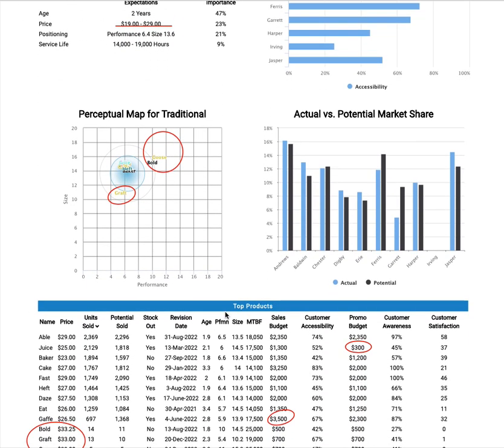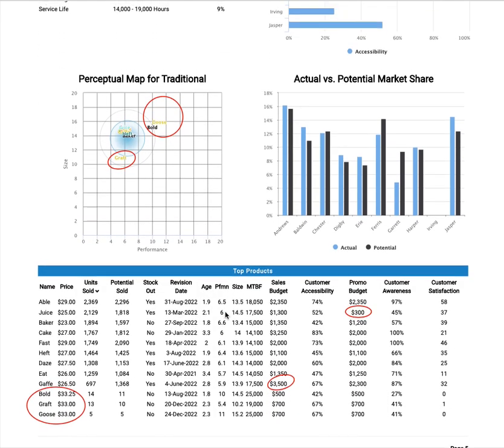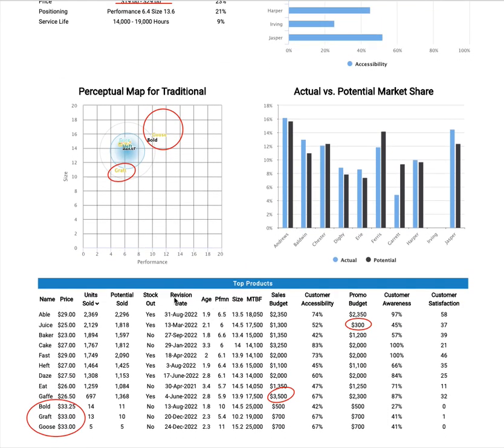You can see here some of the teams' products are out of the circle. Please keep in mind that if your product is out of the circle, your team really cannot sell a lot, because it's not within customers' expectations and it's not in the ideal spot. So it's very difficult to sell and make a profit. Those teams need to pay attention to their products.